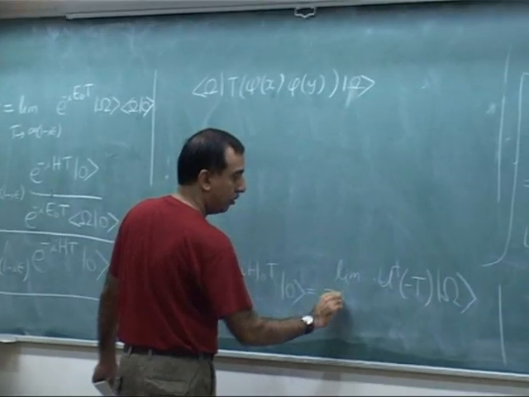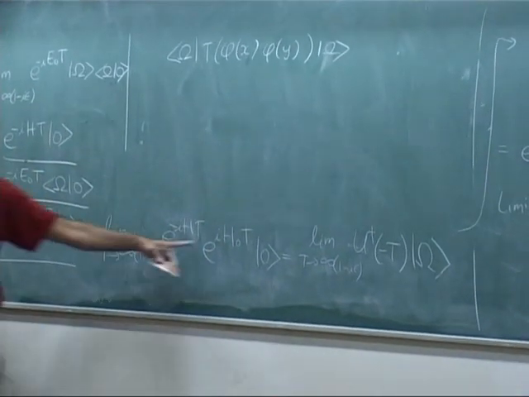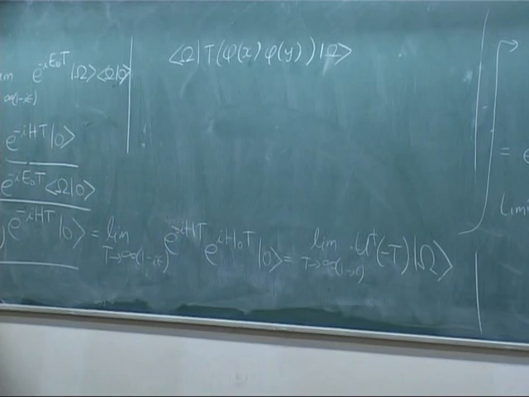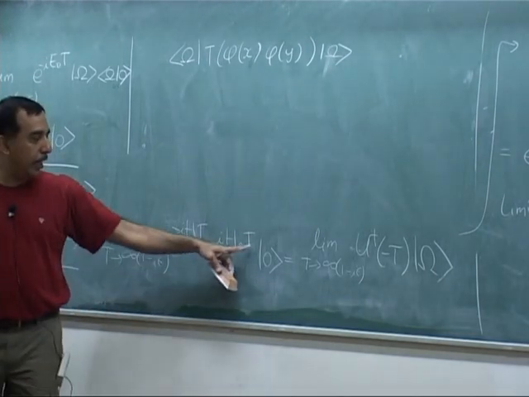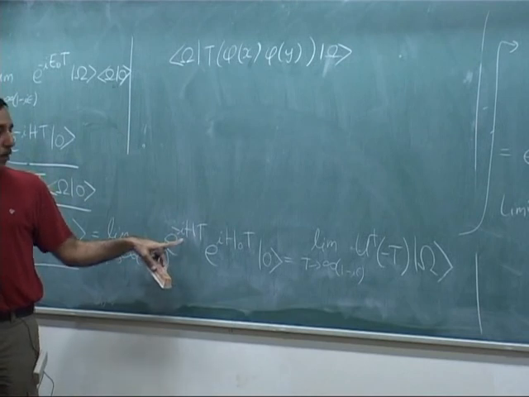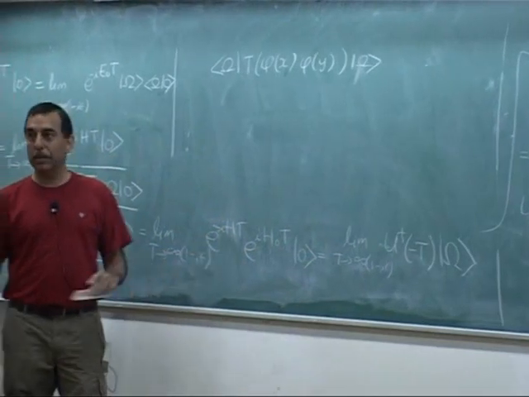Check if that's correct. I claim that this is U dagger evaluated at time minus T. What was the definition of U? I believe I've said it right. U dagger had e to the minus iH0 T on this side and e to the plus iHT on this side. So if I evaluate it at the argument minus capital T, then it's this.